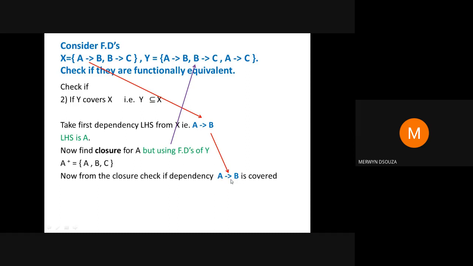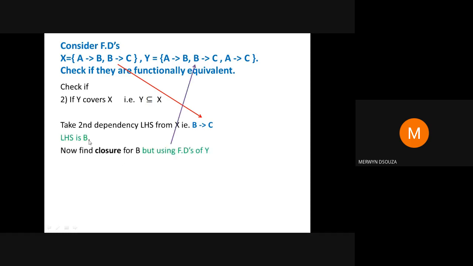It is covered only if B is found in this closure. Since the A closure contains B, we say that A determines B is covered. So the first functional dependency of X is covered by Y, and we need to check the next functional dependency of X.